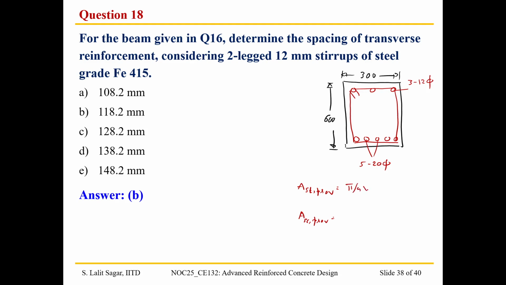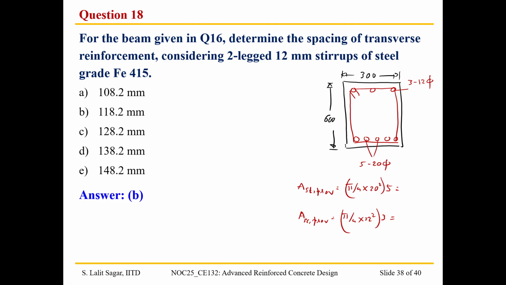5 by 4 of 20 square multiplied by 5, and here we have pi by 4 of 12 square multiplied by 3. Okay, this is going to be useful for us while designing the shear reinforcement.